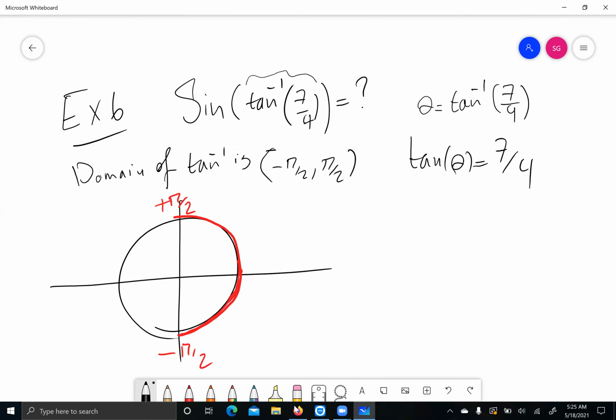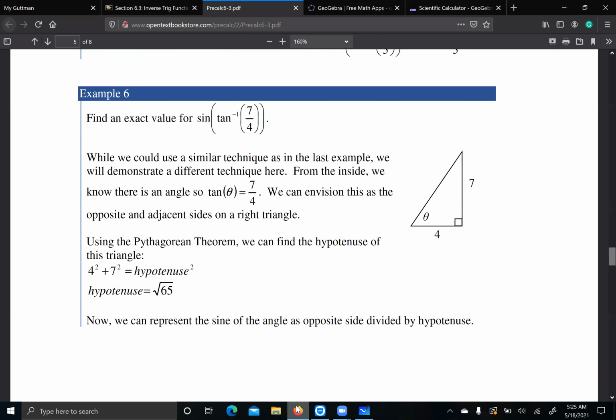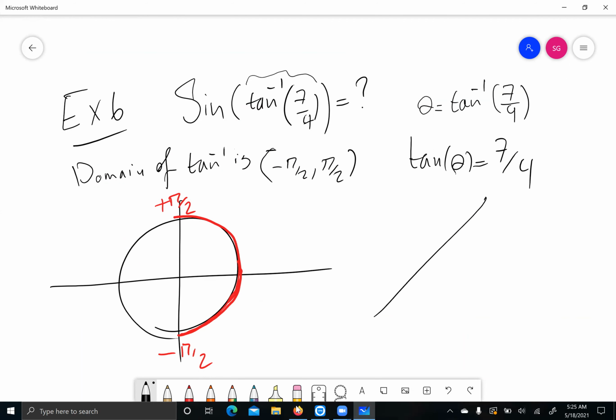So one way to do this is by looking at the right triangle. We know that in the right triangle, if this is theta, then this is adjacent, this is the opposite, and this is the hypotenuse.